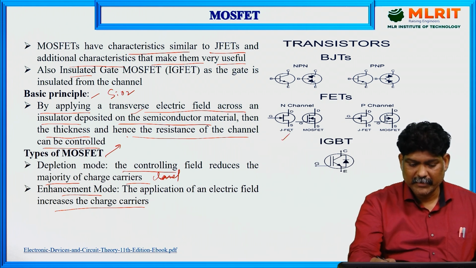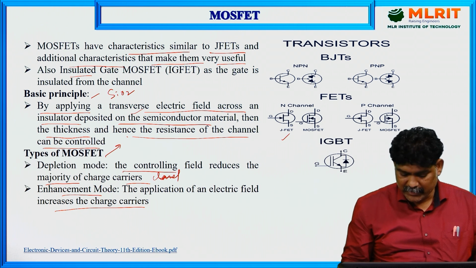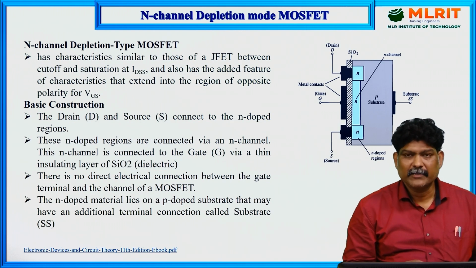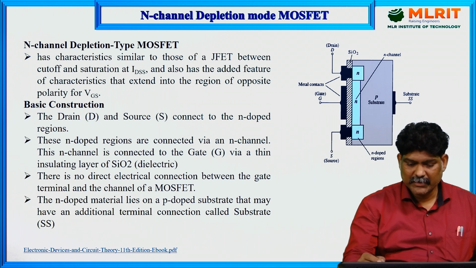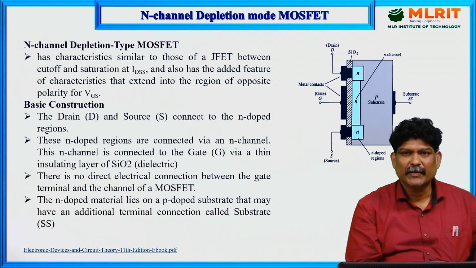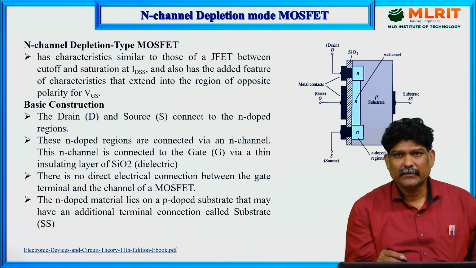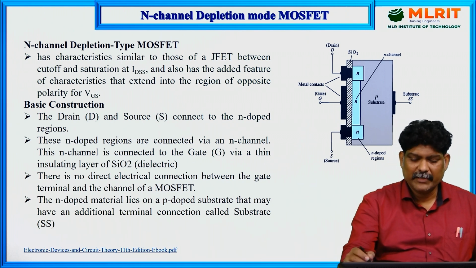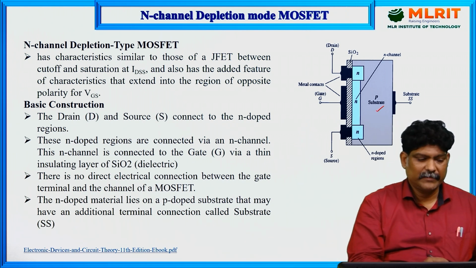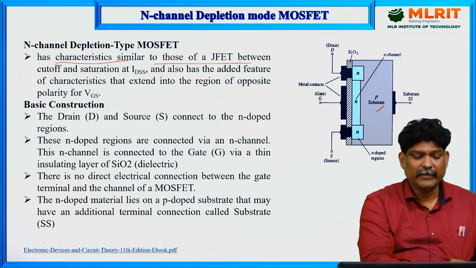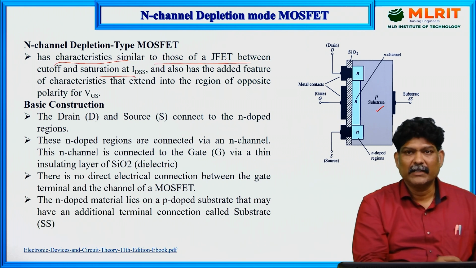Now the symbols for transistors. First let us start with the N channel depletion mode MOSFET. This is the setup for the N channel depletion mode MOSFET. For N channel, we first take a P type substrate. It has characteristics similar to the JFET between cutoff and saturation at IDSS.